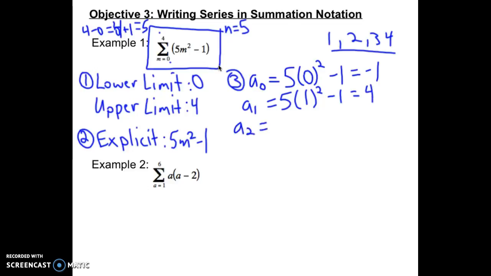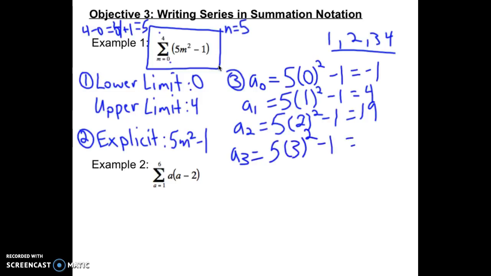The second term, 5 times 2 squared minus 1. 2 squared is 4, 5 times 4 is 20, 20 minus 1 is 19. And then the third term, 5 times 3 squared minus 1 equals, so 3 squared is 9, 5 times 9 is 45, minus 1 is 44.